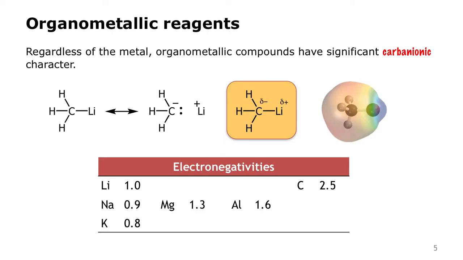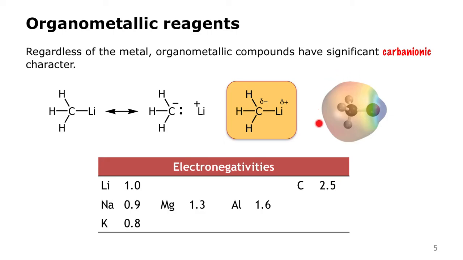The reagents themselves are highly carbanionic, meaning they in many respects can be considered to be a resonance hybrid of the covalent carbon-metal compound and the ionic carbon-metal compound, with the ionic being the dominant resonance form. You want to think of these as carbanions where there's a non-bonded pair of electrons on carbon and a metal counter ion.